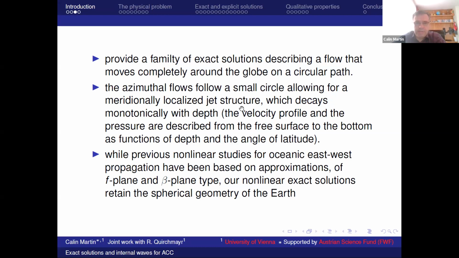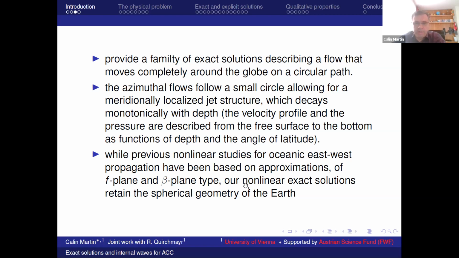This study comes at a moment where previous nonlinear studies for oceanic east-west propagation have been based on approximations of F-plane and beta plane type. That means that the Earth's surface is approximated by its tangent plane, more or less.